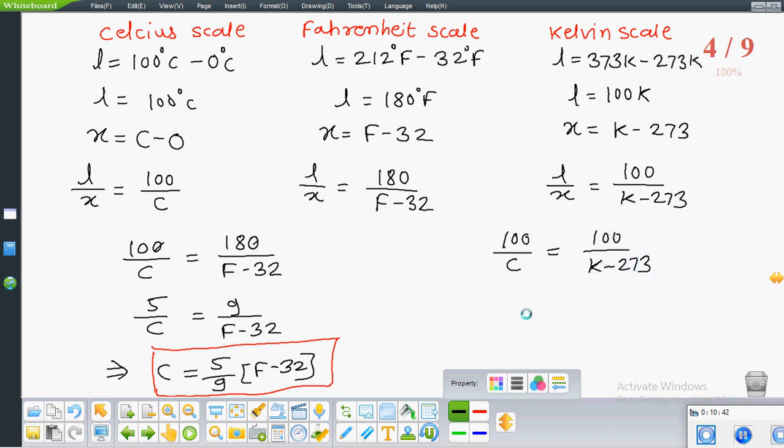So from this we got the formula K equals C plus 273 degrees Kelvin. This is the formula. Now let's try some examples.